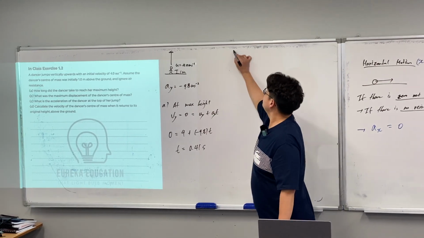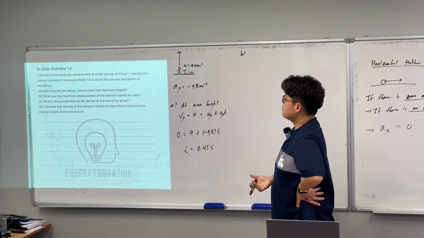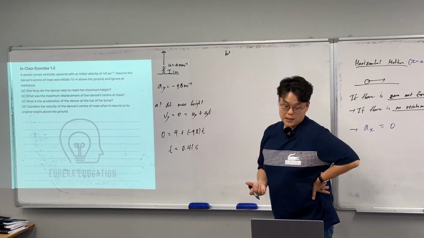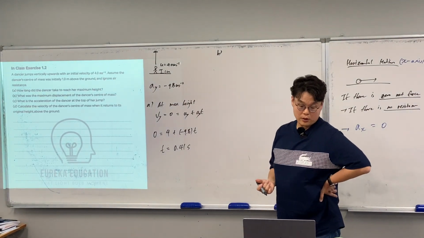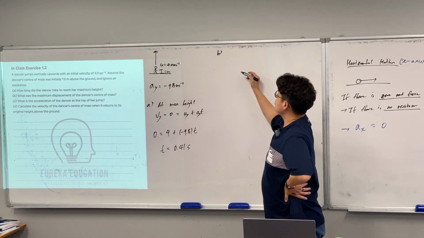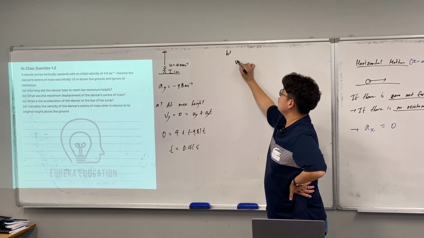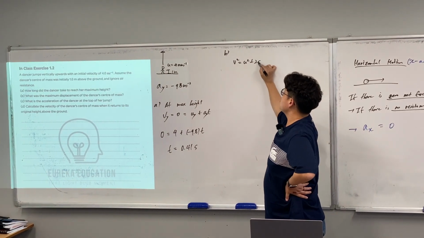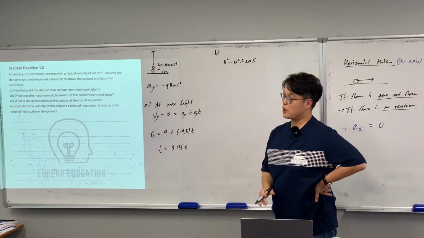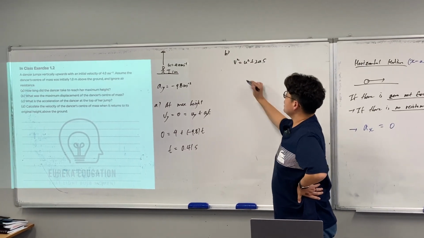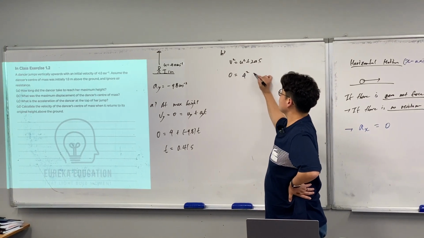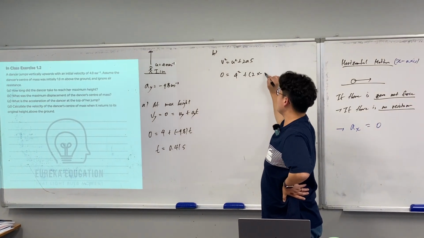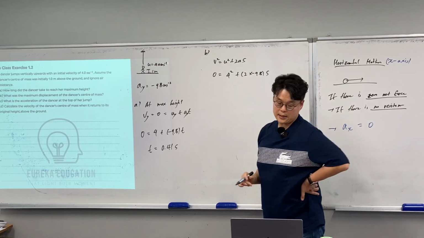What about B? What was the maximum displacement of the dancer's center of mass? We have to find the maximum height or maximum displacement. We know u and everything is given. So of the motion equations, v squared equals u squared plus 2as is what I prefer to use, rather than using time. v is 0 at the maximum height, u is still 4 squared, plus 2 times minus 9.8 times s like this.